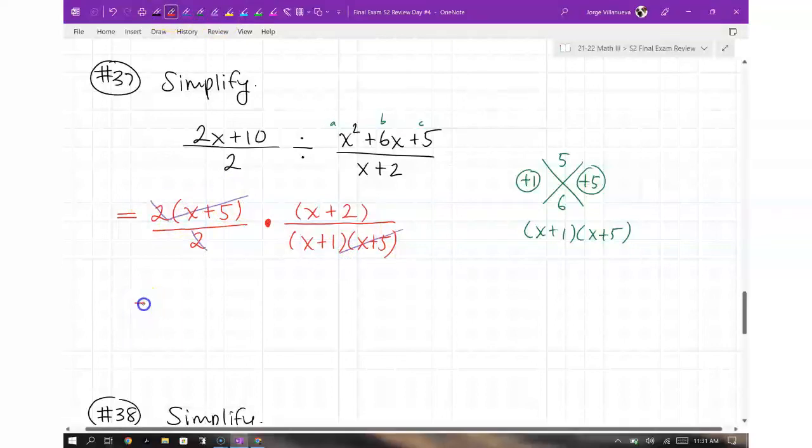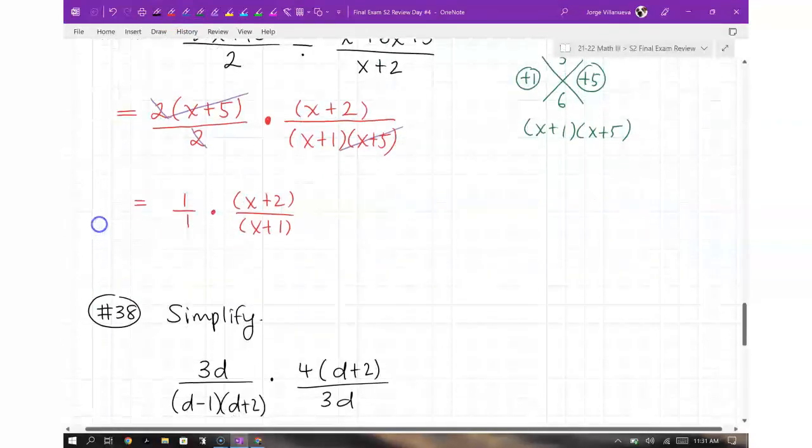So all that's left is, on the left side, just 1 over 1. On the right side, it's just x plus 2 over x plus 1. Okay, so now that I have that, just multiply across, but 1 doesn't change anything, so your answer will be x plus 2 over x plus 1.